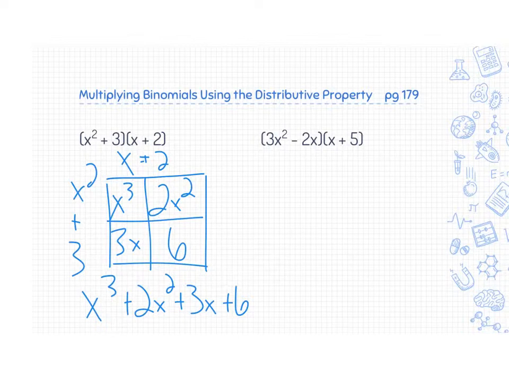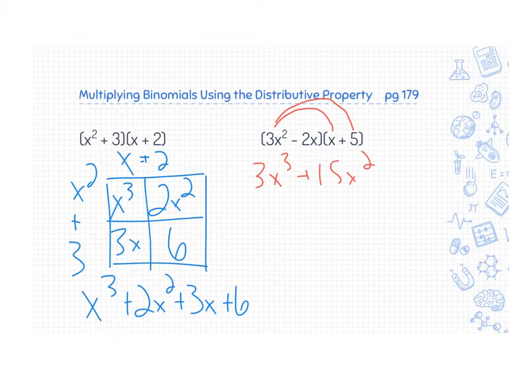Alright, second example I'll do with distribution. So I can distribute 3x squared times x, just because there's an extra x squared in there. Doesn't change anything, so that gives us 3x to the cube. Then we have 3x squared times 5, which is 15x squared.